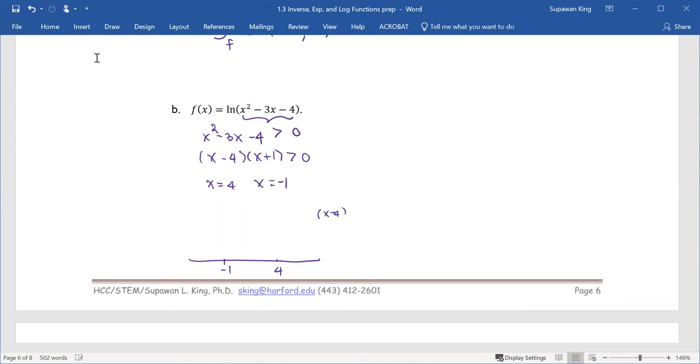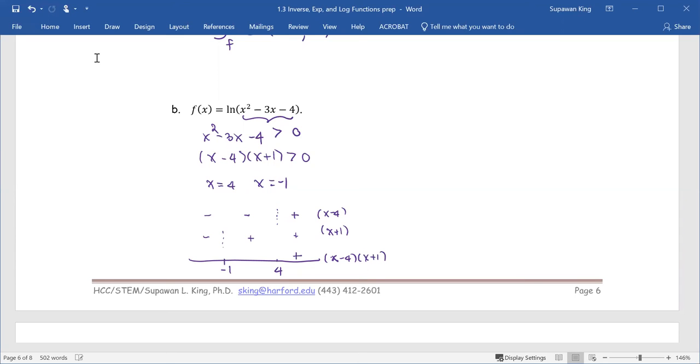For x minus 4, the value on the right side of x equals 4 will be positive. The left side will be negative. For x plus 1, the value on the right side of x equals negative 1 will be positive. The left side will be negative. Then the sign of the product of these two factors follows from the product of the two signs.